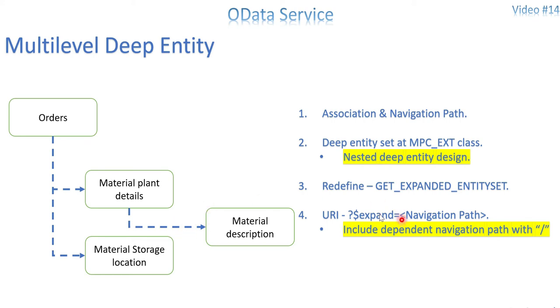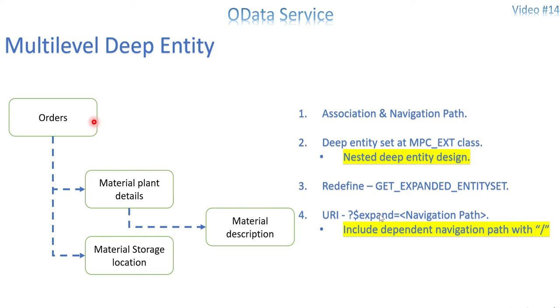Okay, and from the URI perspective we are going to introduce a new symbol called slash, because the navigation path goes in two different ways. One is entity to deep entity. Another one is first level of deep entity to second level of deep entity. Here, another terminology I'm using is dependent entity, the dependent deep entity.